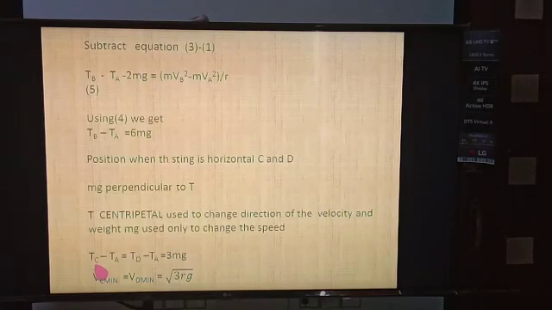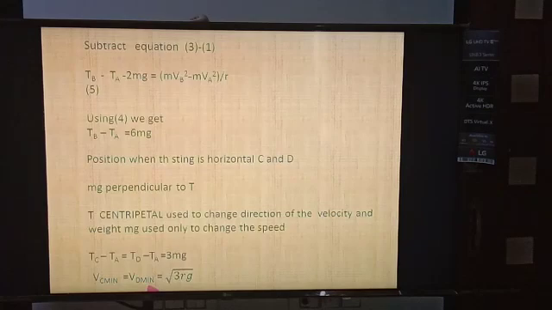So we can write TC minus TA is equal to TD minus TA, which is equal to 3mg. So VC minimum is equal to VD minimum is equal to square root of 3rg.